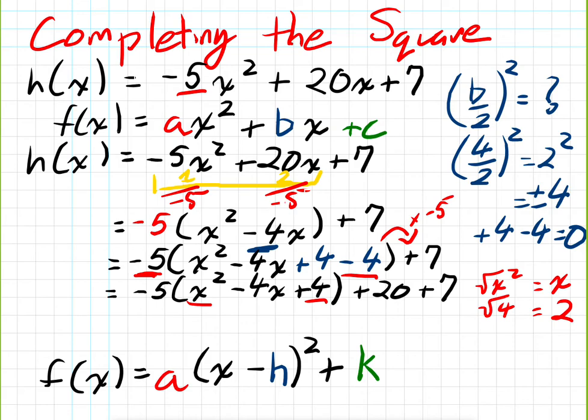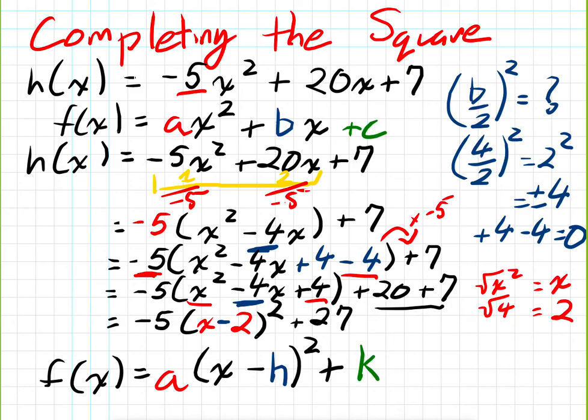We have negative 5, and we're just going to write this as a single bracket to the power of 2. We put in the x and the 2, and we take the operation in front of the middle term, which is a negative, so x minus 2 squared. Finally, the very last step is to add these last two things, which becomes 27.